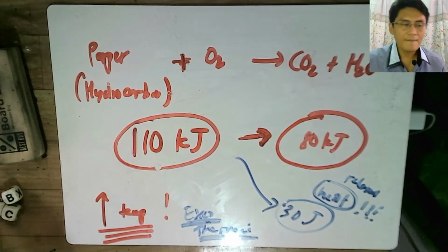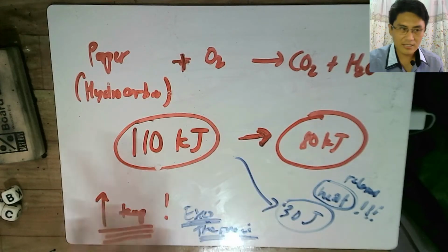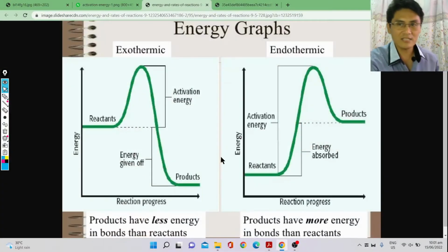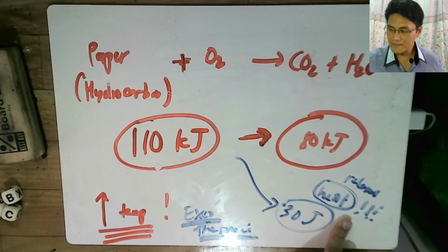So again, take note that all of what I've discussed just stems from our analysis of this one, because think about it, if the reactants have more energy than the products, then guess what? Some of the energy must have been released. Otherwise, why would this have less energy than the reactants? So it must have released some of the energy, and that energy released usually is in the form of heat.